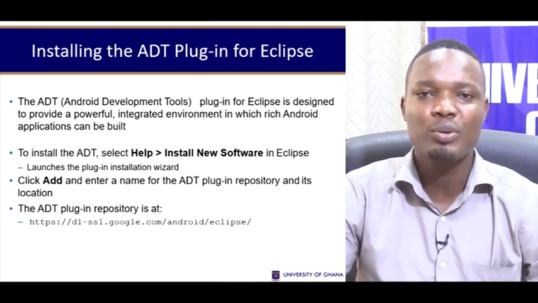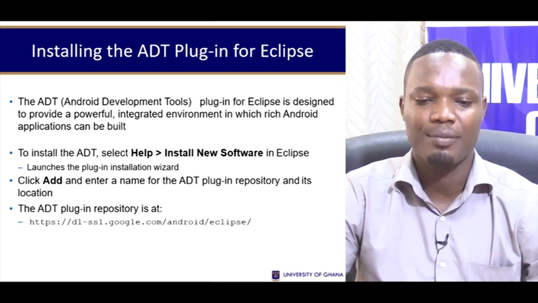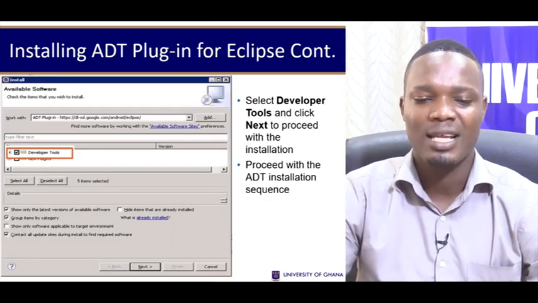Then you input a location. The location is displayed on the screen. We have HTTPS with a link that navigates to the Android site, given as the Eclipse plugin. Now, this is a screenshot of how that will look.